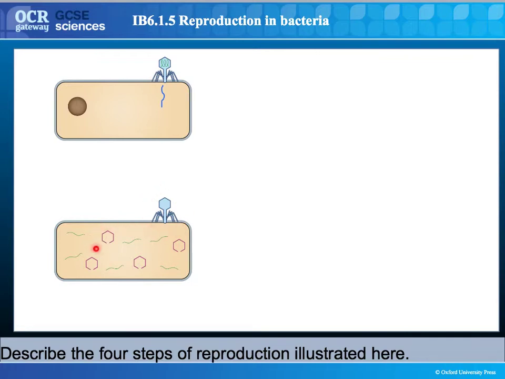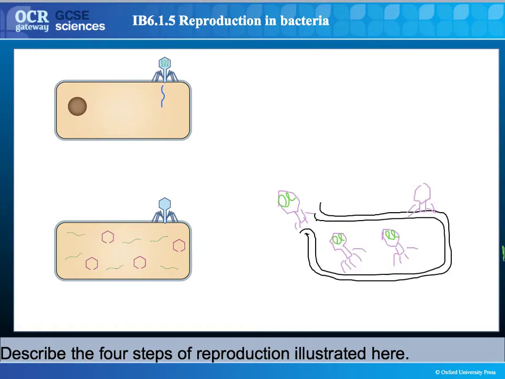So as you can see here, we've clearly got the protein coat of the virus, and these green strands here are the genetic information that has been injected into the cell from the virus. Now, as you can see here, in the last stage of viral replication, the host cell has actually assembled the protein coat and the genetic information into the viral molecule.